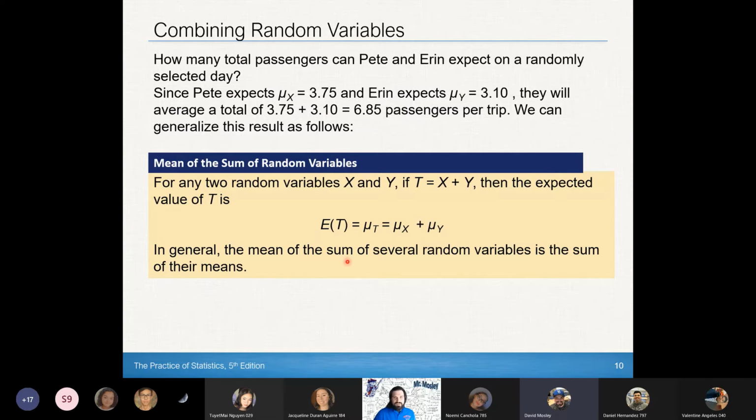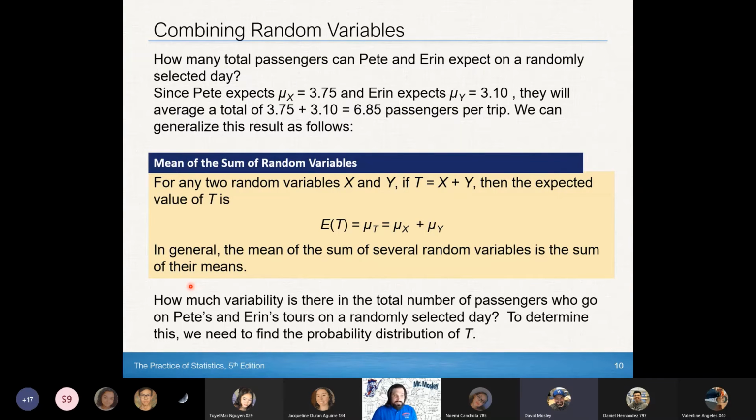In general, the mean of the sum of several random variables is the sum of their means. So whether I'm adding just 2 random variables or 10, if I want the mean of the sum, I just add up the different means. There's no tricky calculation, you just add them up.